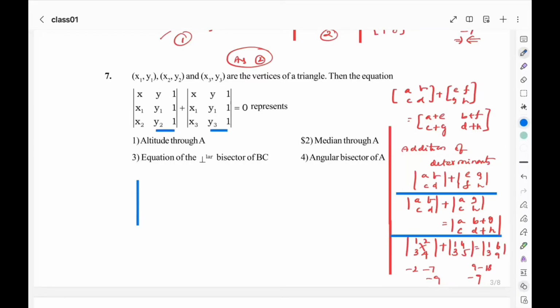No. I think the first and second rows are common, right? So I can write this given equation as: X1, Y1, 1, and I can add the third row, X2 plus X3, Y2 plus Y3, 1, which is 0.